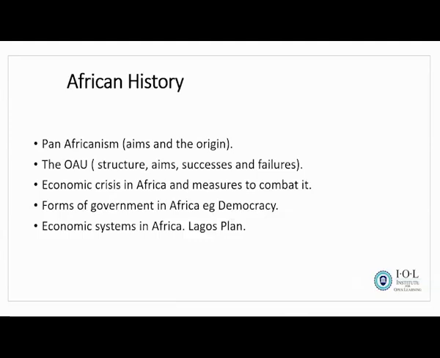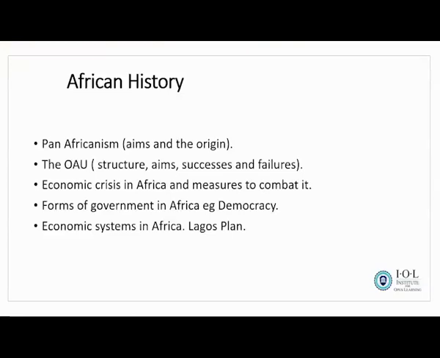You are not only expected to know examples, but you should also be able to explain what democracy, for example, is all about, and how African people would have felt or thought about it. You must be able to give the advantages and disadvantages of each form of government.